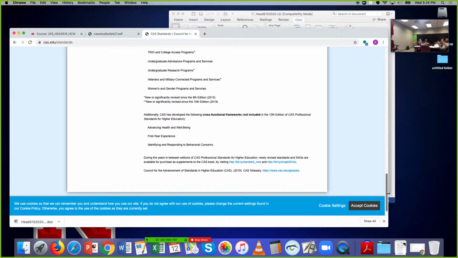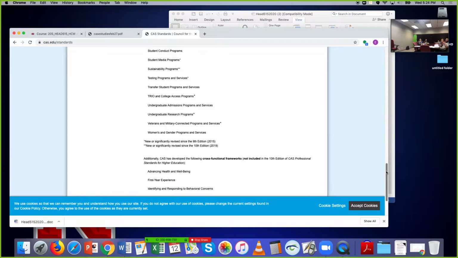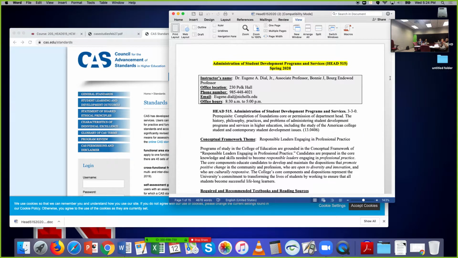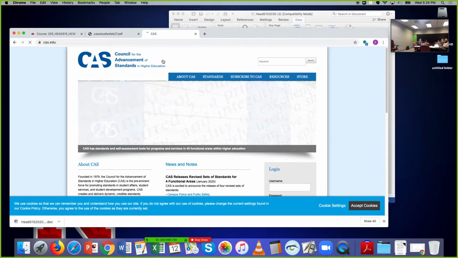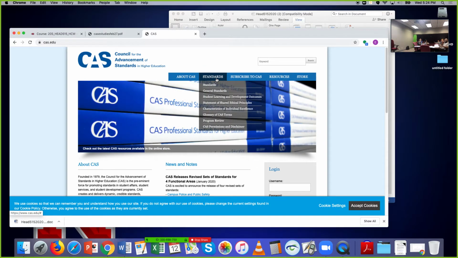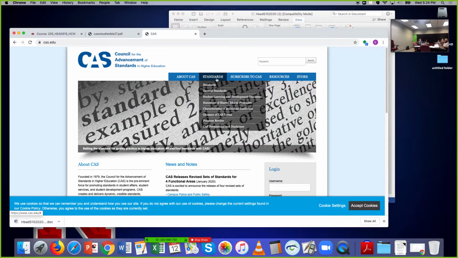And then they have functional areas. And see how they have general standards, student learning and developmental outcomes, ethical principles, and program review.